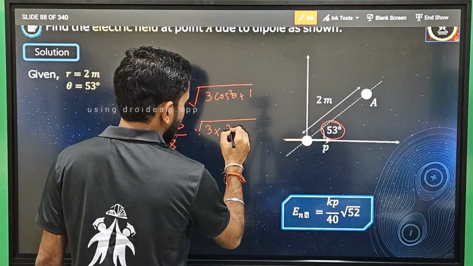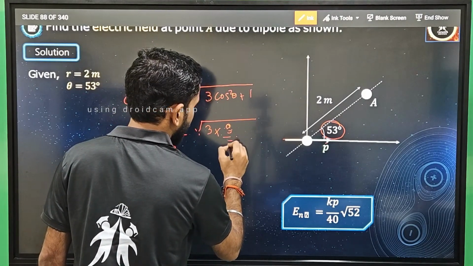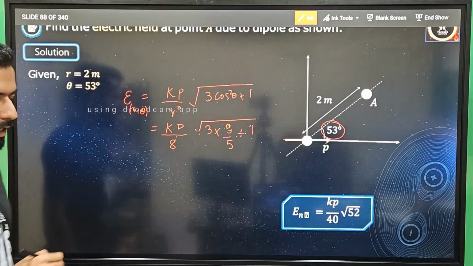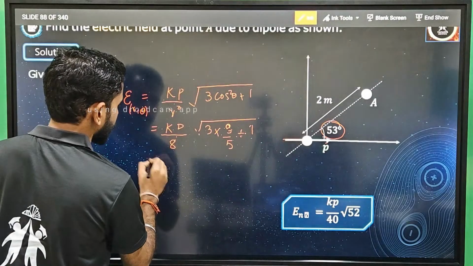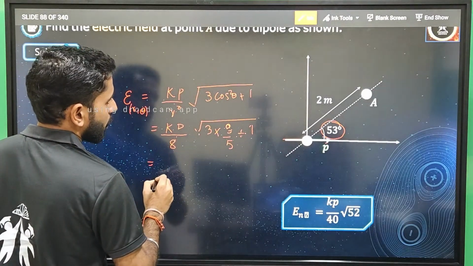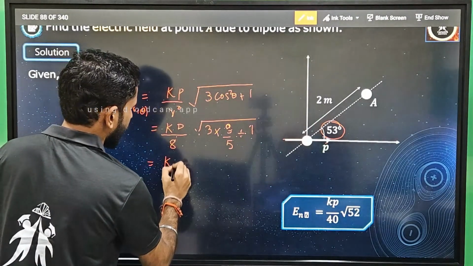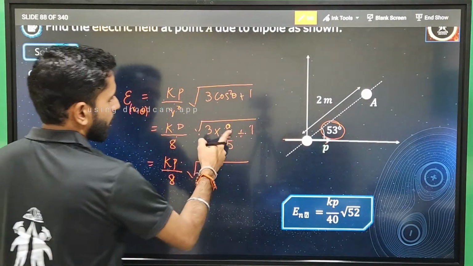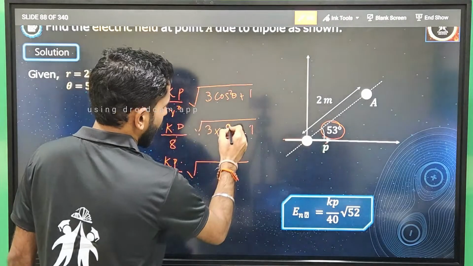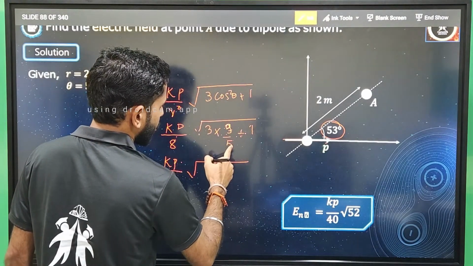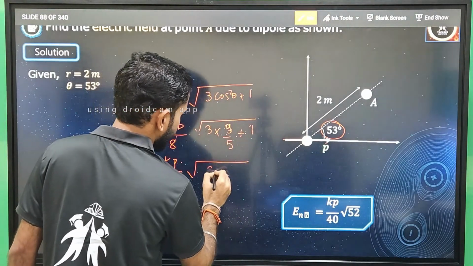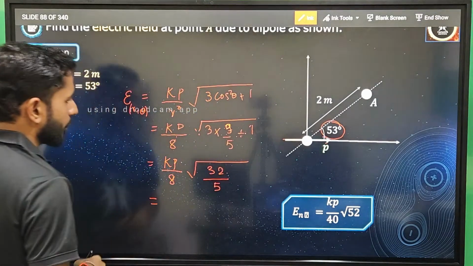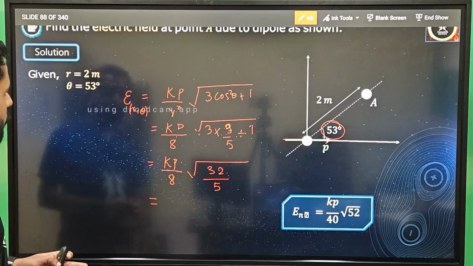Cos 53 is 3 by 5, so that will eventually become 9 by 5 plus 1. Now you can write Kp divided by 8 root under... it is 9. It will become 27 plus 3, that is equal to 32 divided by 5.